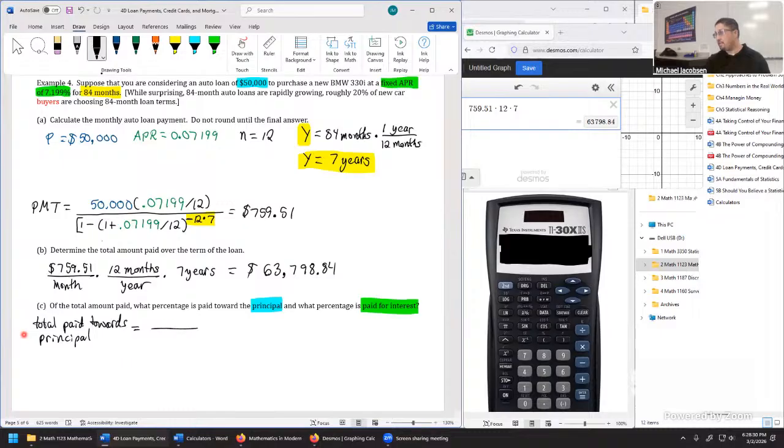is going to be, take the total value, $63,798.84. And towards the principal, we're only paying $50,000 in total. The rest goes to interest.